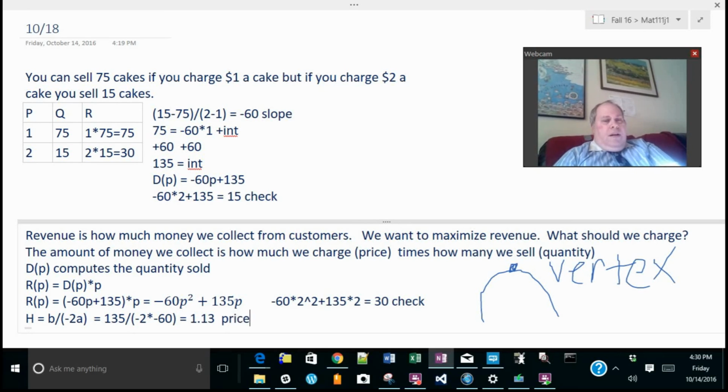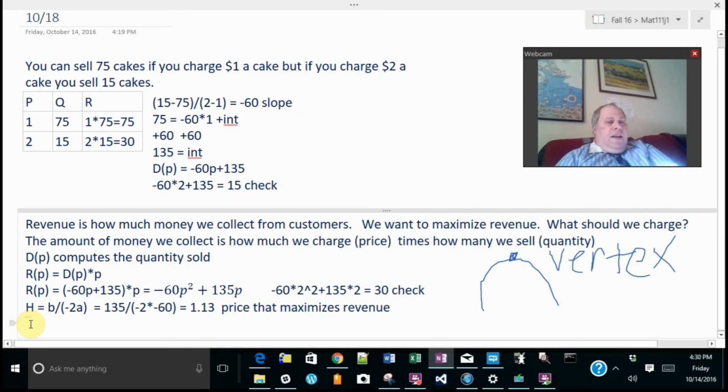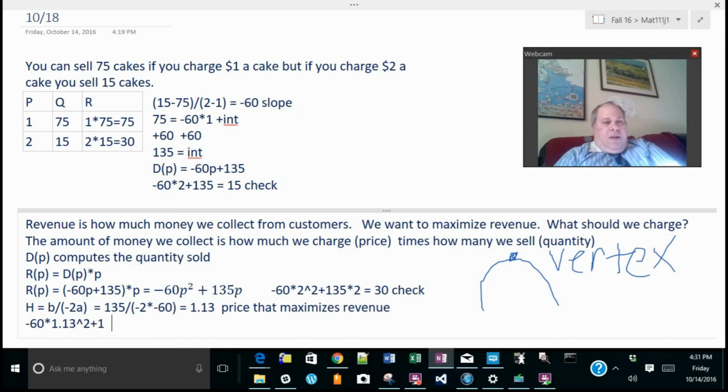This is the price that maximizes revenue, $1.13. Now, if we plug $1.13 into our revenue function, we get negative 60 times 1.13 squared plus 135 times 1.13, and that's going to give us a little more than 75.